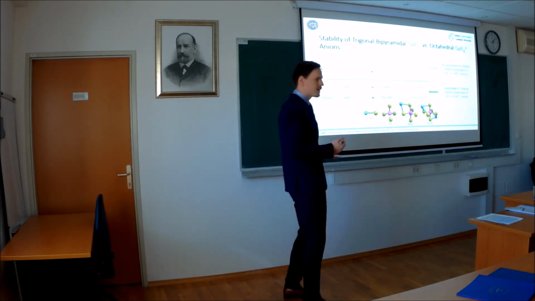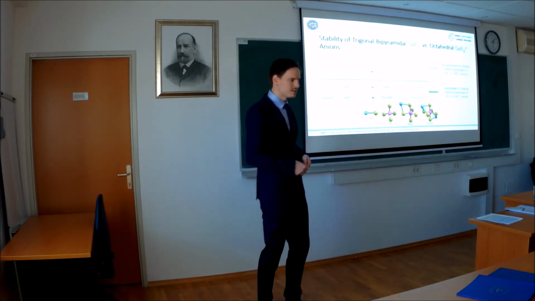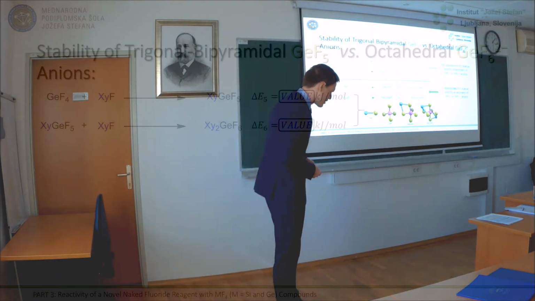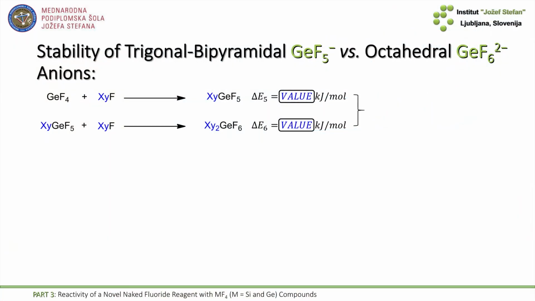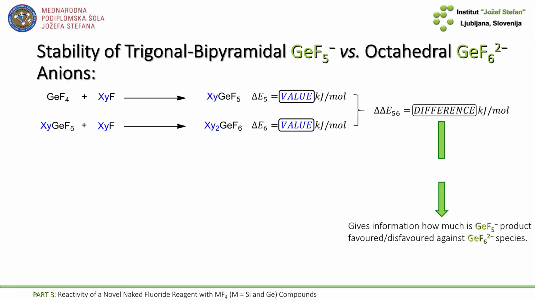So now we had a model that shows us the state of nature, and what you can do with this model then is you can change it with different cations. You get different values, and you can then deduct these values to get a difference. And this difference now gives you information how much is pentafluoridogermanate favored or disfavored against the hexafluoridogermanate.